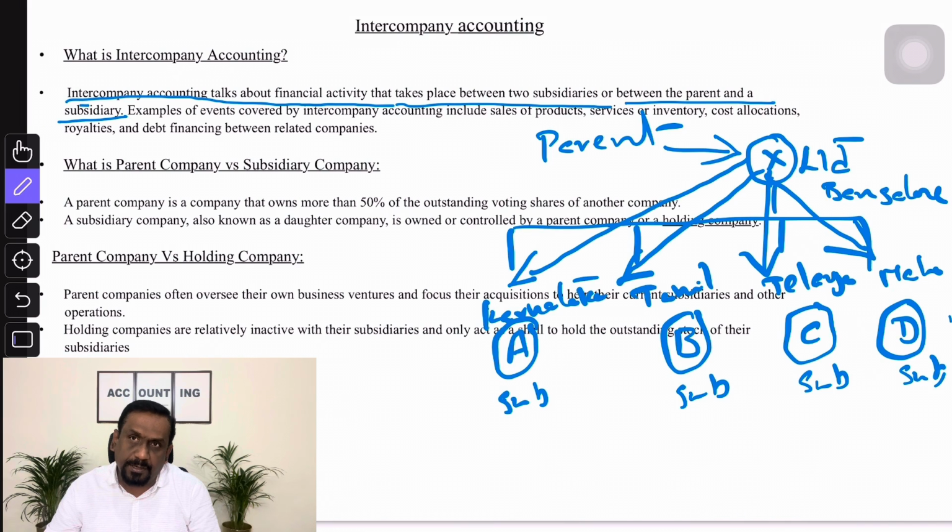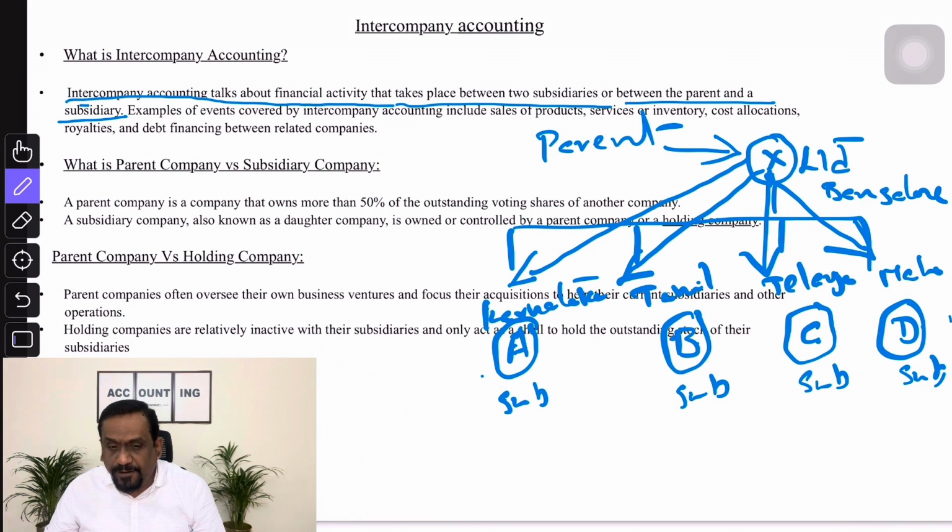So, whatever financial activities happen between X and A, X and B, X and C, X and D, that means parent company versus subsidiary companies, is intercompany accounting. Similar way, in case there are any financial transactions between A and B, between B and C, between C and D or A and D or A and C, those transactions are also called intercompany accounting.